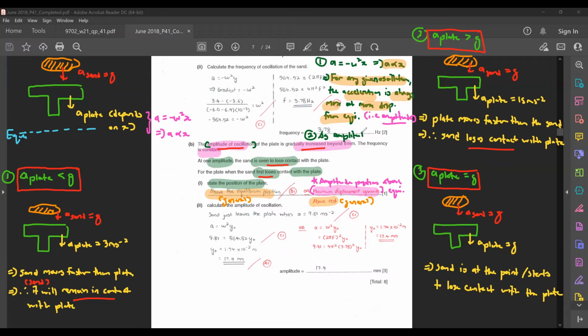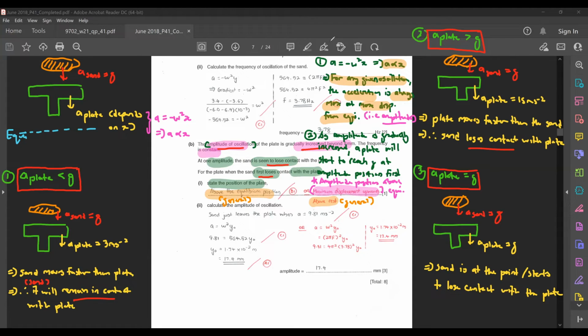So here when they say as amplitude is gradually increased, a of the plate, the acceleration of the plate, will start to reach g at amplitude position first.